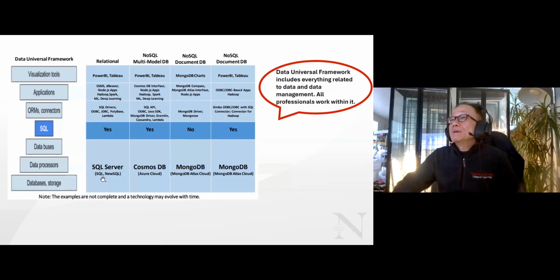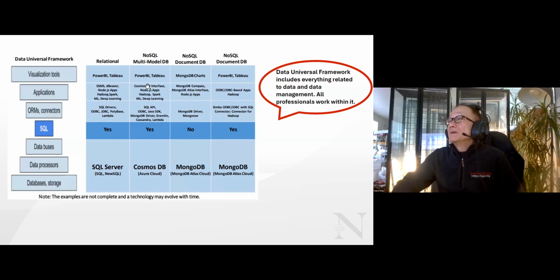In order to help us better understand this data universal framework, I have put together this example. So there are 4 sets of examples. We will focus on the relational, the first column, first set, and the third column, MongoDB without SQL. But we can easily extend these two columns to include the other 2 columns.